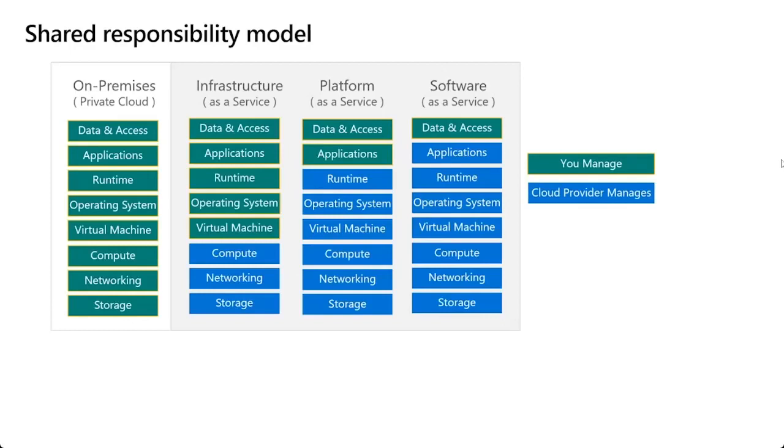For the very last model, the software as a service, the customer manages their data and access, and Microsoft takes care of everything else. For all cloud deployment models, you're responsible for protecting the security of your data and your identities, your on-premises resources, and any cloud components you have control of, which vary by service type.